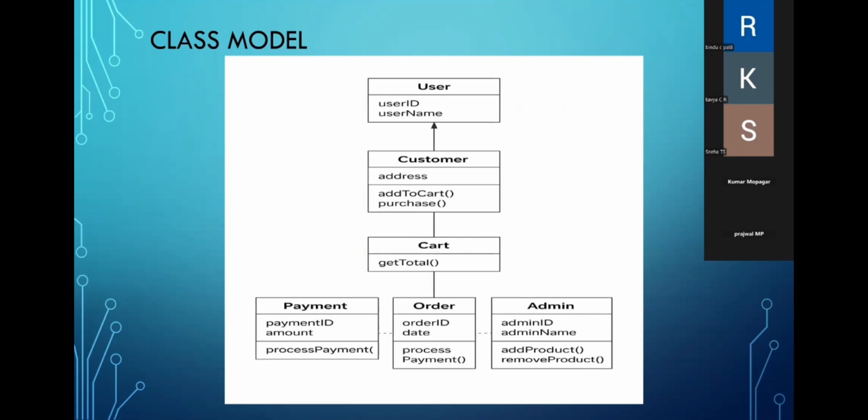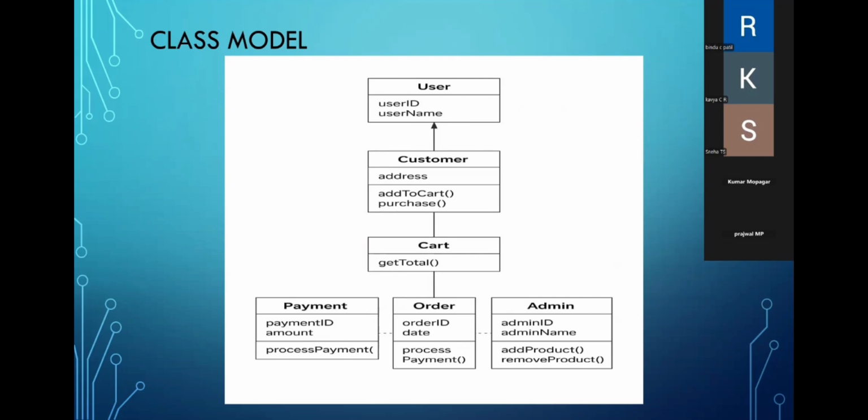Cart. The cart class holds items the customer wants to buy and has a method getTotal to calculate the total cost. It is conceptually linked to a single customer who fills it while shopping. Order and payment.